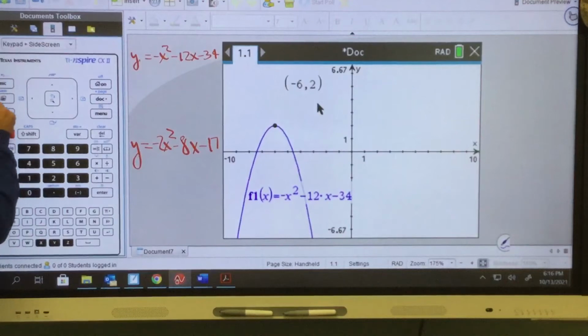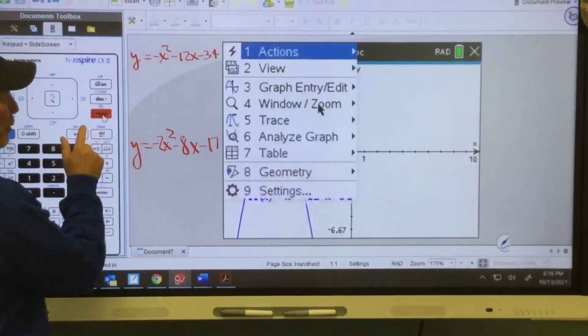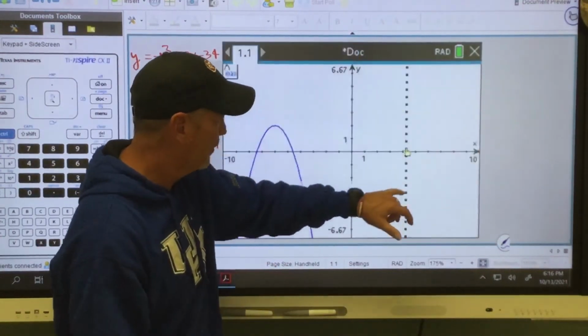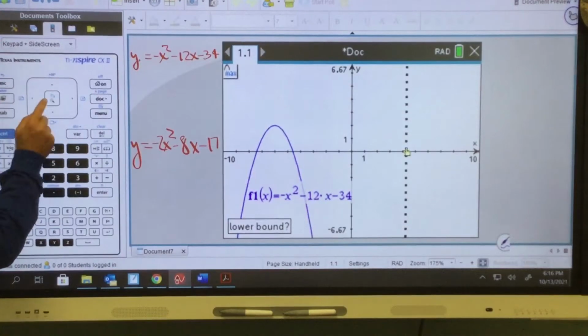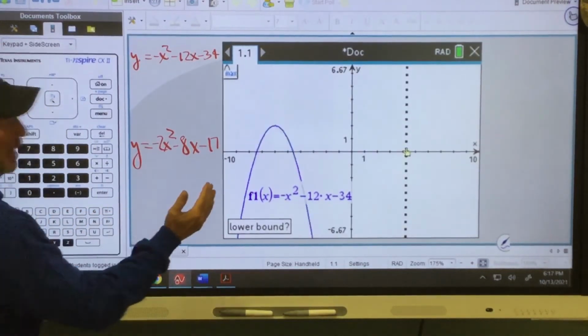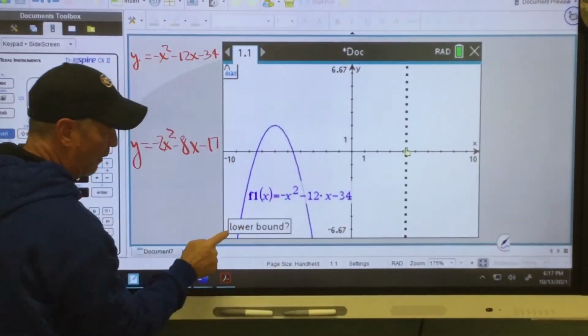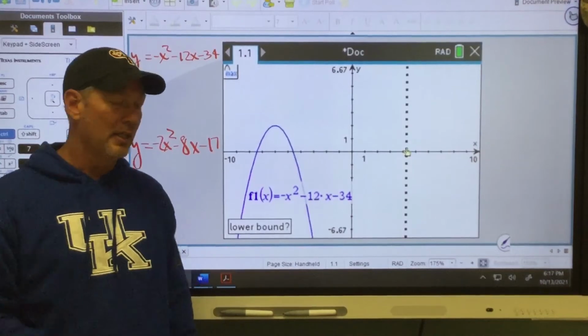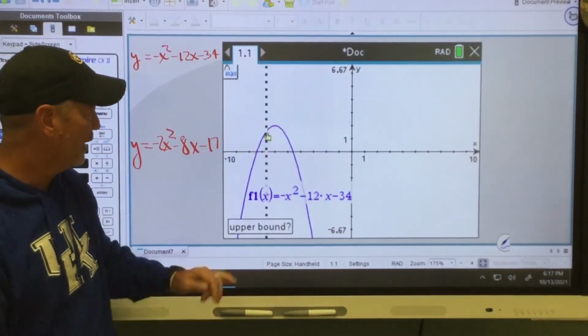Okay, so let me go backwards. Control Escape. Control Escape. You're going to go Menu, Analyze. You're looking for the maximum. You're going to move your little pad and slide your finger across and move your broken line to the left. Lower bound means to the left of what you want it to be. So we want to be to the left of the vertex.